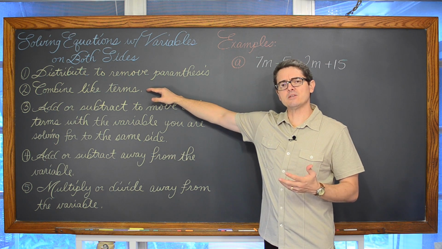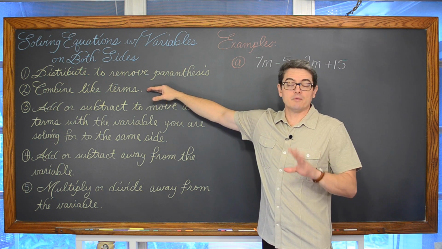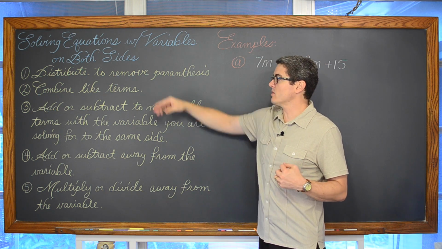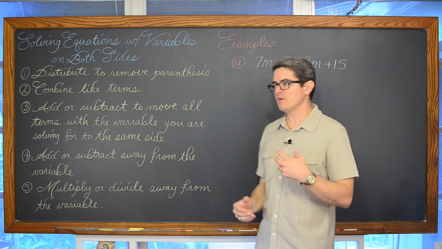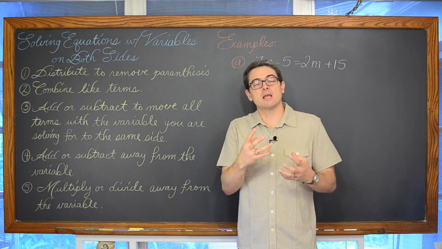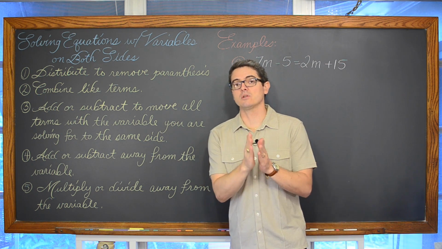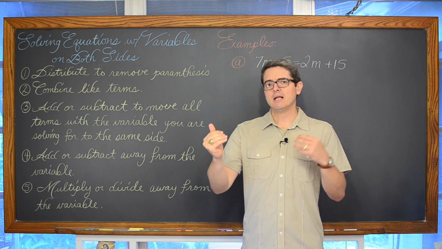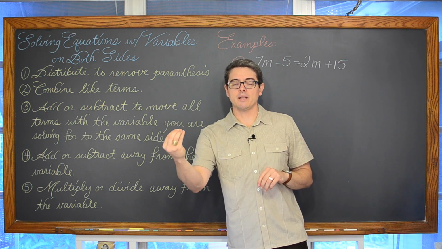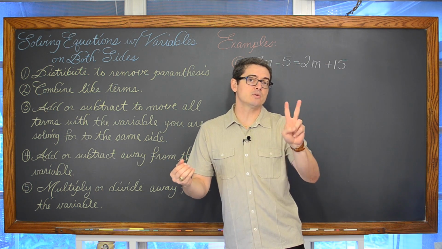Let's not forget that terms are separated by addition and subtraction, and like terms are terms that can be constants, or they have the same variables in those terms and the same number of those variables. In other words, look at those exponents: 2x and 3x squared. 2x has 1 x and 3x squared has 2 of those x's.